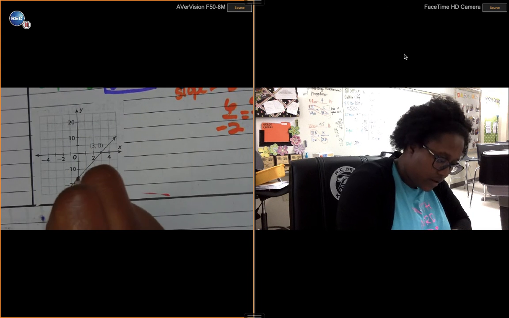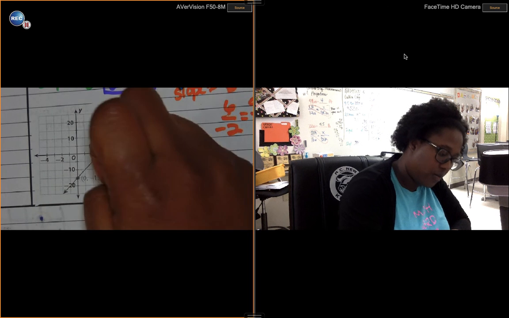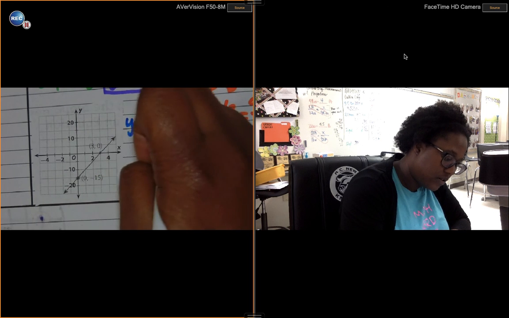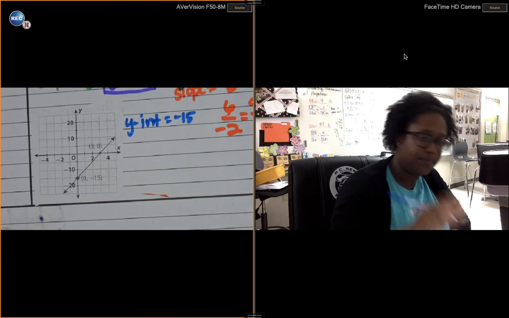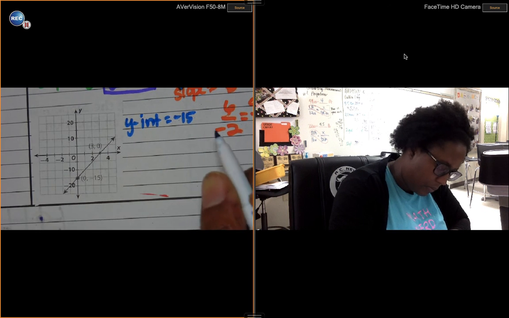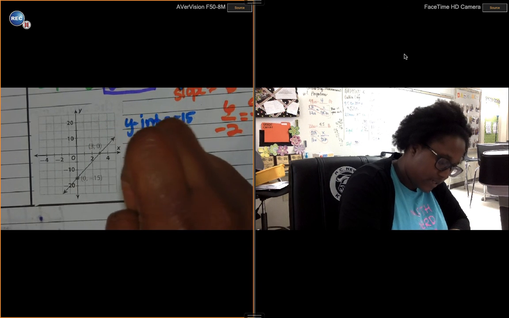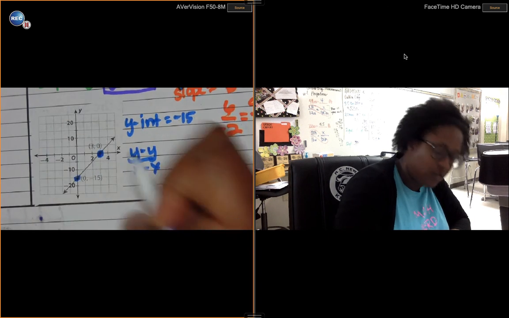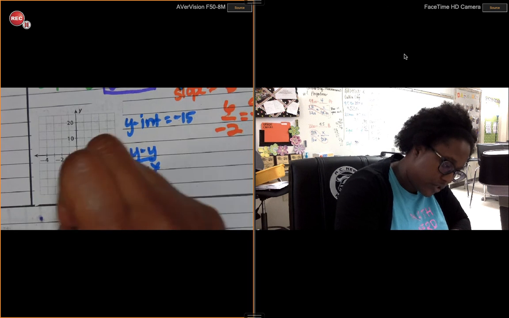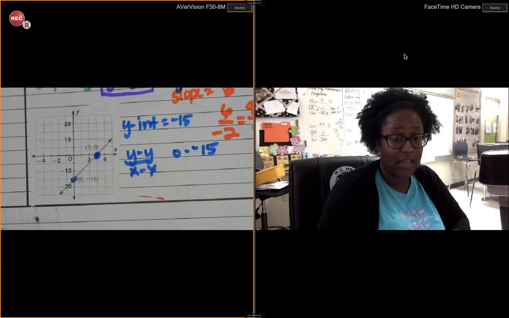This one crosses the y-intercept at negative 15. So my y-intercept is negative 15. And then we want to do our slope, which we use y minus y, x minus x. And it already tells us the numbers. So this one's going to be 0 minus negative 15. I wrote it exactly like that.